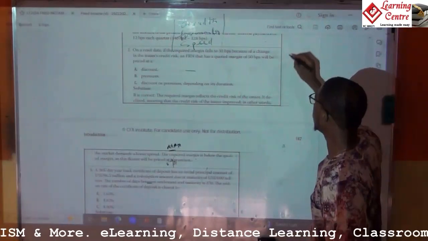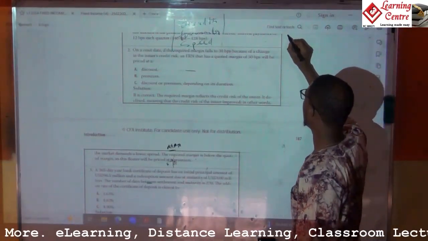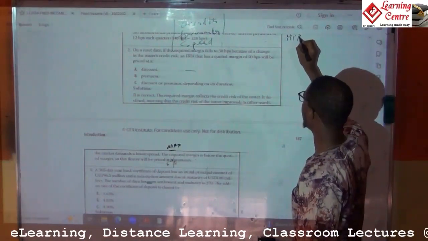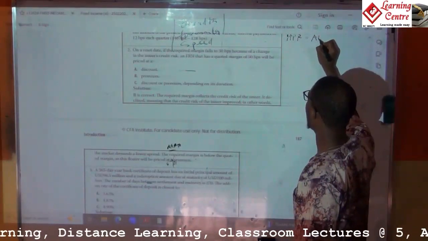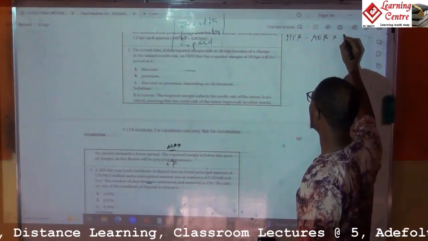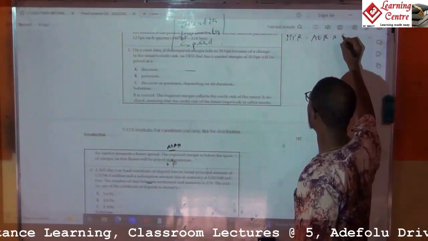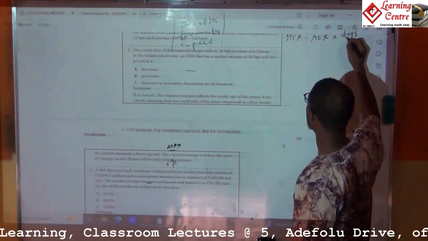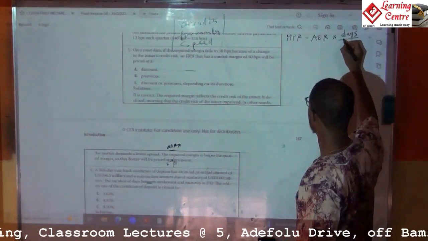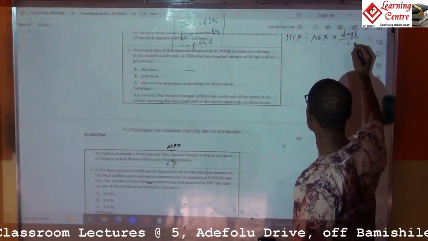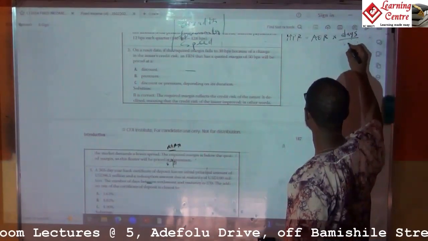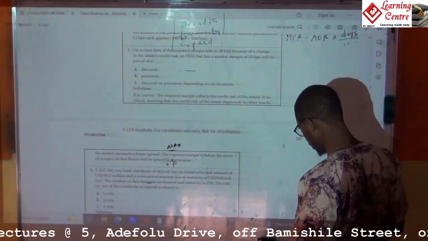Remember this formula. It says the holding period return equals the add-on rate multiplied by base over 365. This is how we start our computation now.